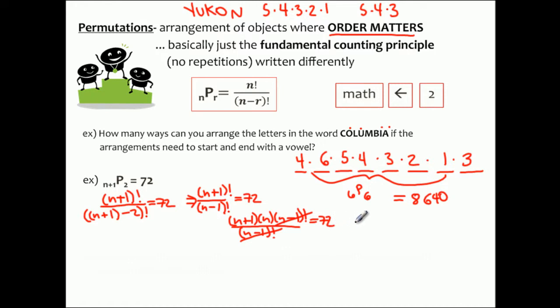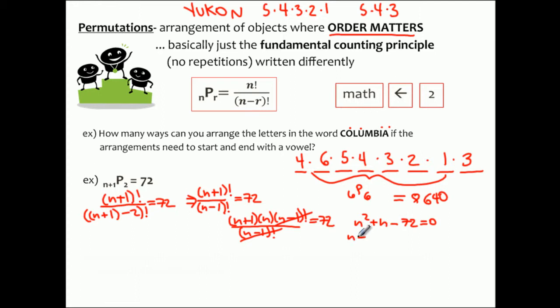So this will give us n squared plus n equals 72. So you can just write that as n squared plus n minus 72 is 0. We need two things that multiply to give negative 72 and add to give 1.